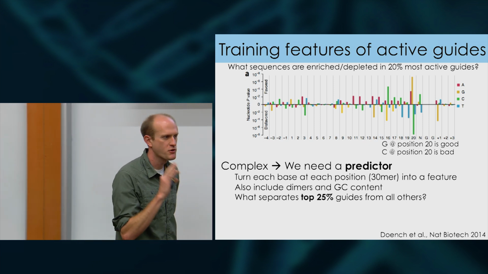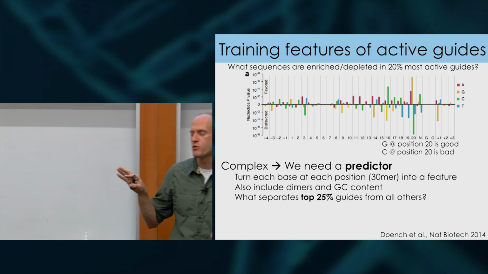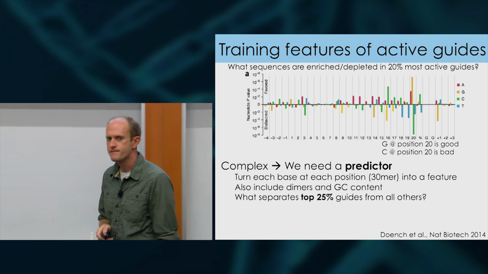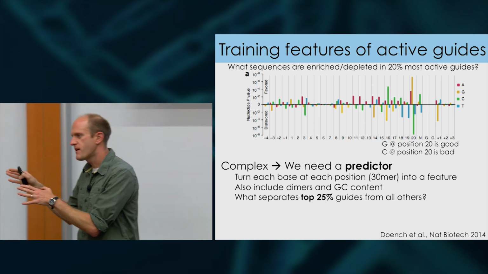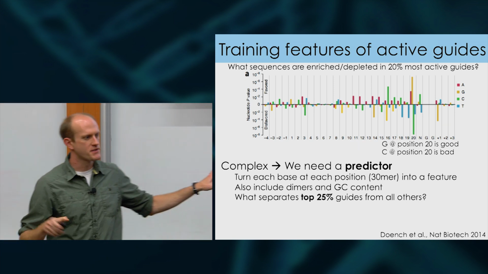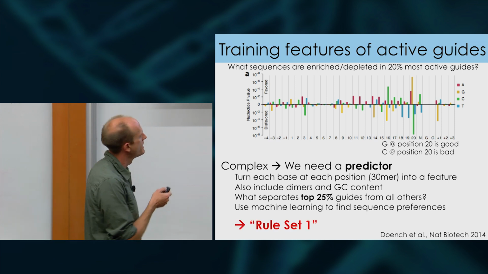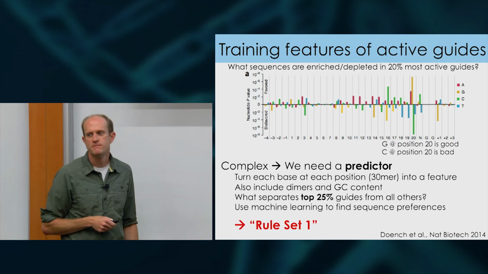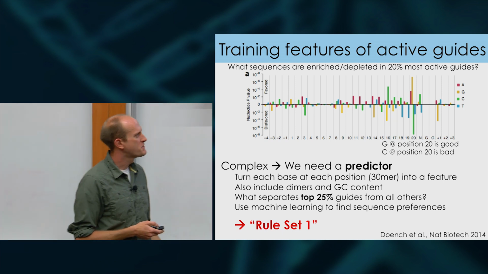Okay, so you take the top quartile. And what separates the top quartile from everything else? And that becomes important in a little bit, as we'll see. So you've got your best 25% guides, and then everything else. What separates them? And so you use machine learning to find the sequence preferences. This has been called rule set 1. And we'll see in a little bit, there's now a rule set 2, but it's pretty similar.